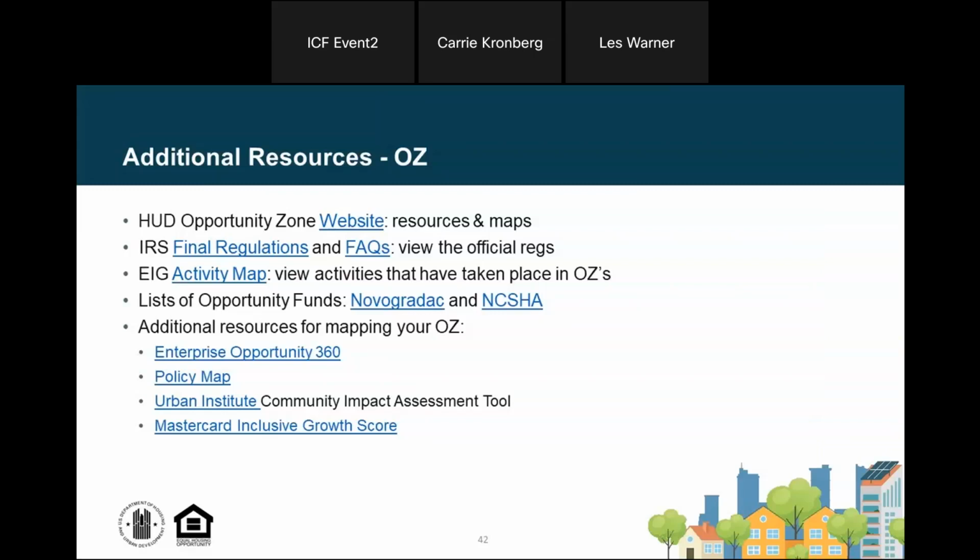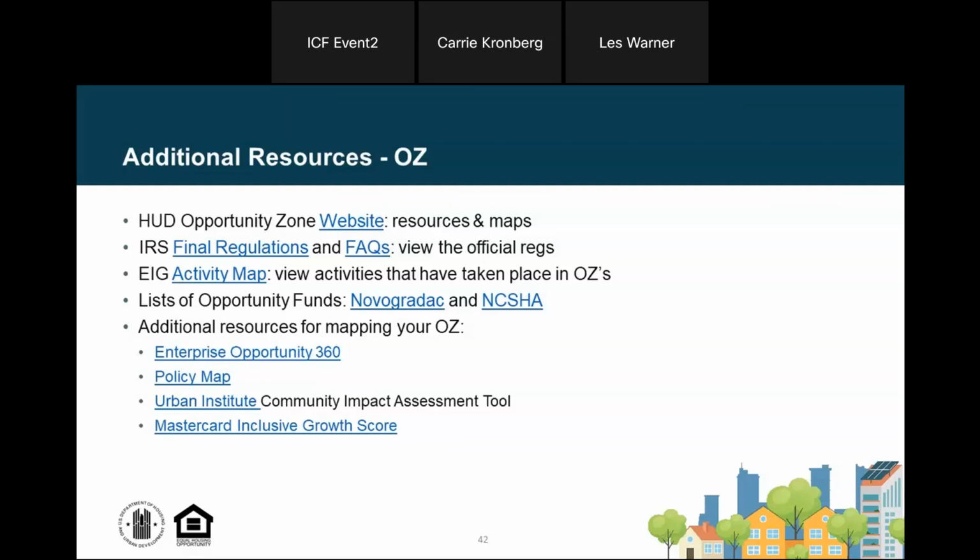The Economic Innovation Group, or EIG, has an activity map, and that includes activities that have taken place in opportunity zones. So if you want to see a little bit more about what has already been done, that's a good place to look.